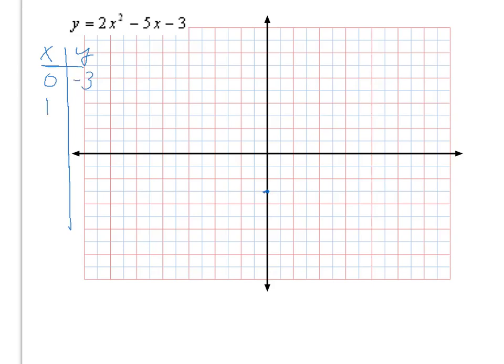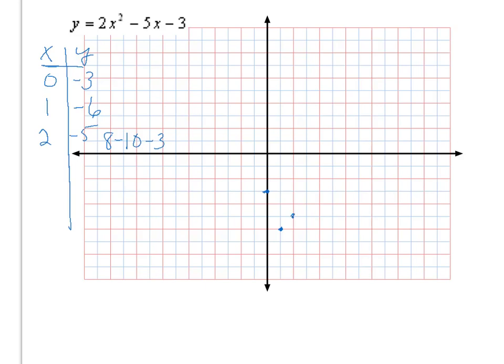If I plug in 1 for x, I get 2 minus 5, which is -3, minus 3 is -6. So I'll plot 1, -6. Then if I plug in 2, I get 2 times 4, which is 8, minus 10, -2, minus 3, which is -5. So at 2, I get -5.